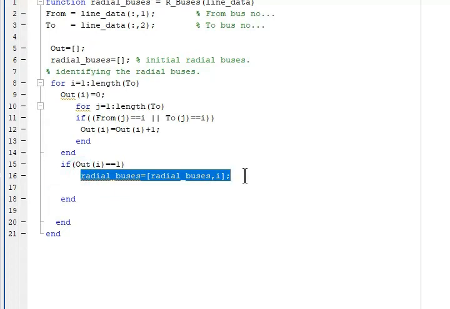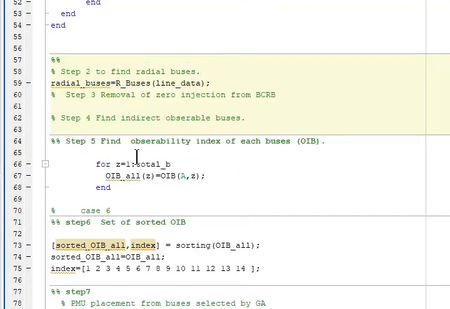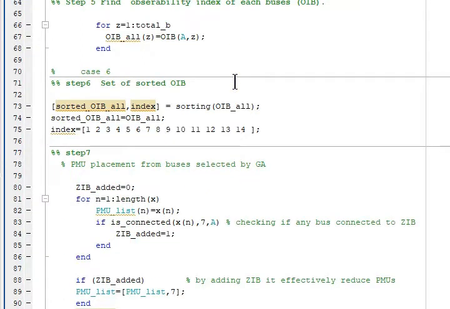After running this for loop, the radial buses array will give us a list of the radial buses in this specific system. So first of all, we are finding the radial buses, as a row containing the radial buses, and the next thing will be finding the observability index of each bus, as we defined.